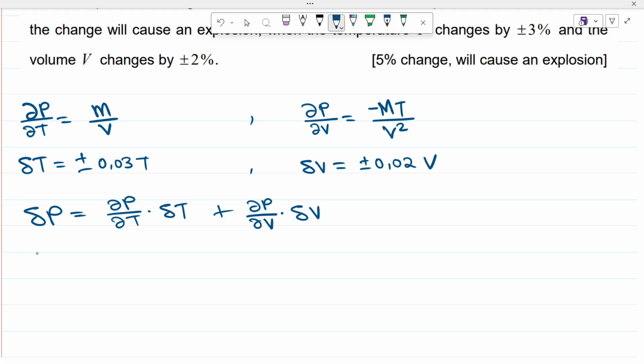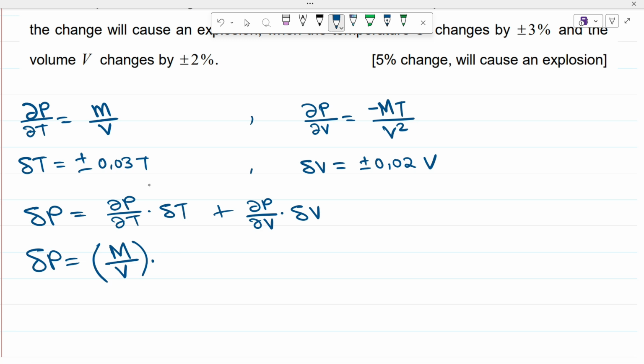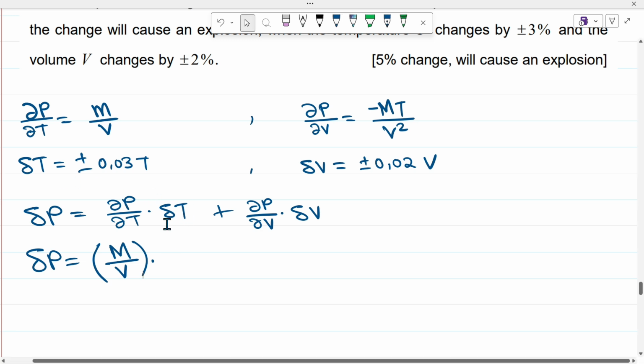Now it's time for substitution. The change in P is then m over V multiplied by the change. Remember, when we substitute the change for the maximum, we take the sign that makes the result of this multiplication positive.